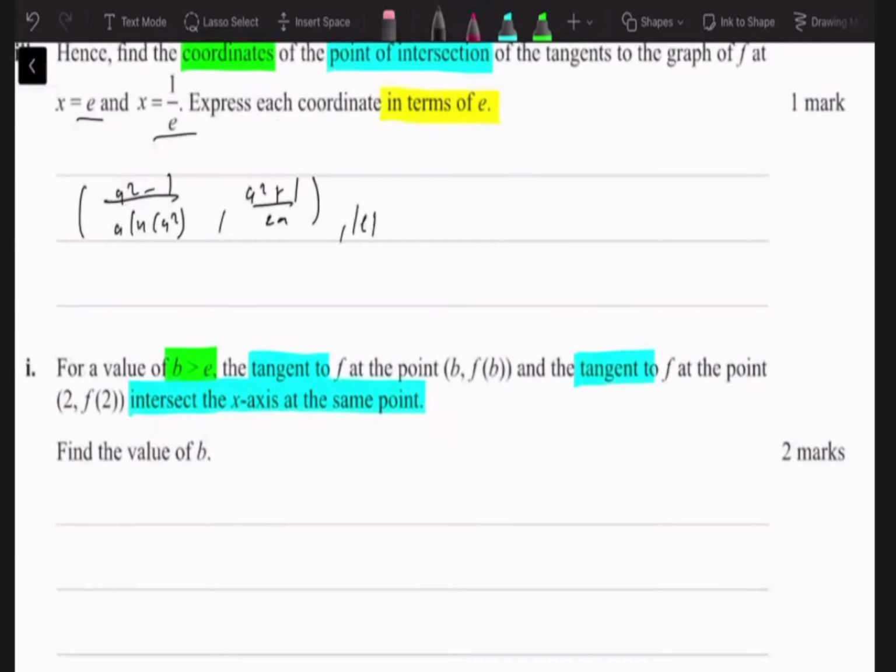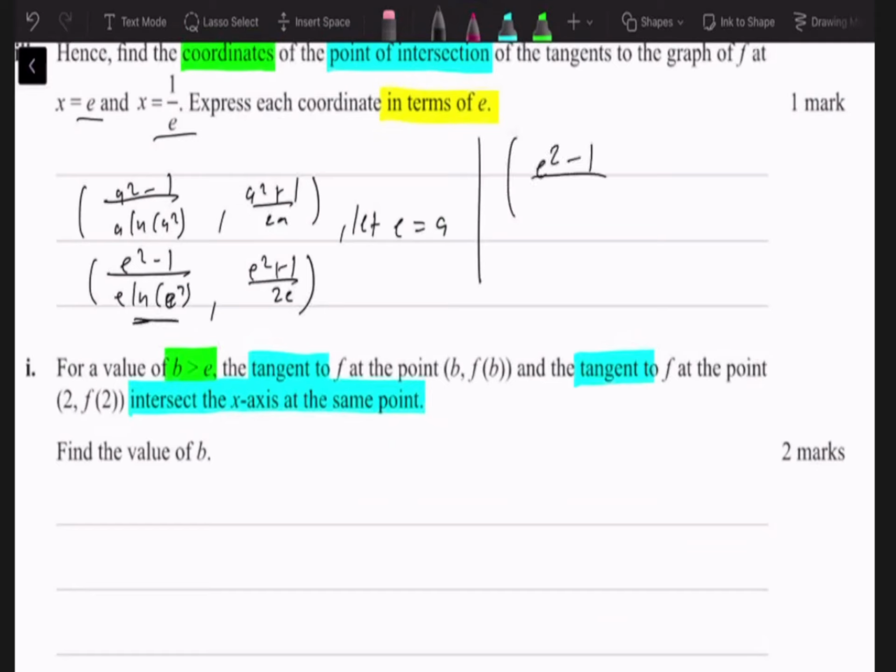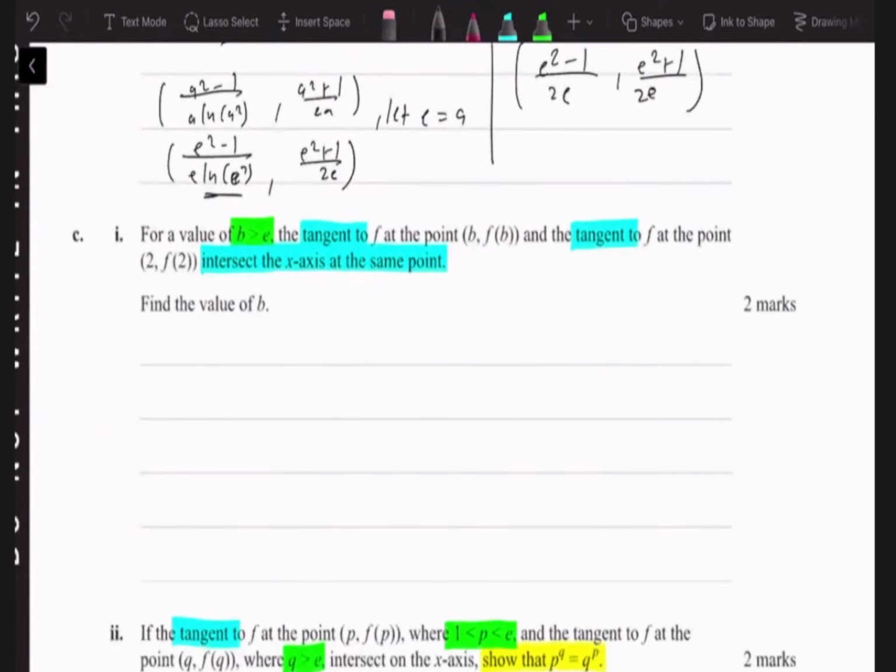So let e equal a. So then you get e squared minus 1, e ln e squared, and then e squared plus 1, 2e. And just with here, we know we can take out some stuff and simplify it. So we get 2e, e squared plus 1 on 2e, which is a very neat answer.